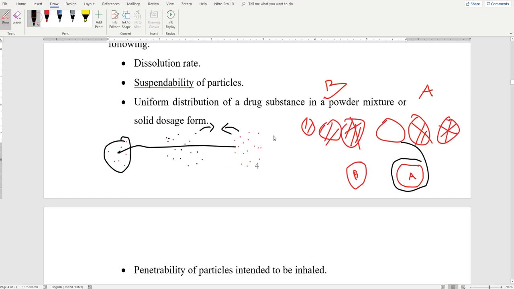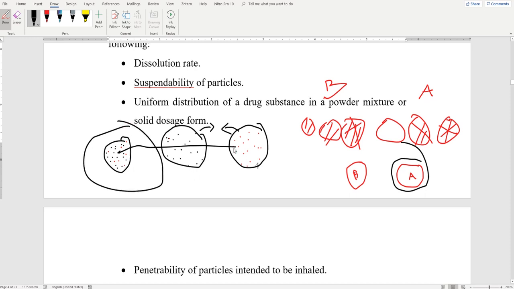Maybe the red color is less than the black color in the sample. Okay, so I have more black here, meaning component B maybe is more. Okay, this is not uniform, but at least what happened? You will not say that it's either A or B. There will be something from B or there will be something from A in the sample.